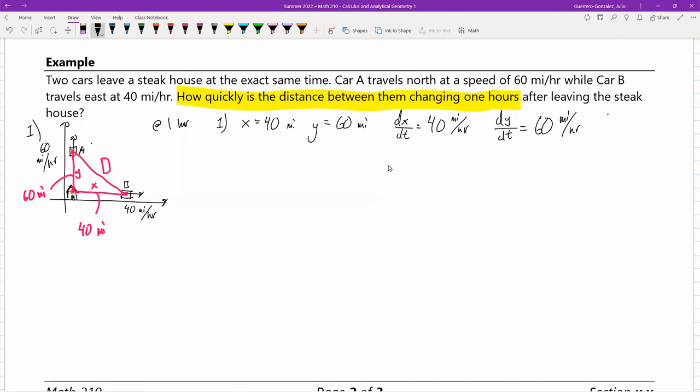We are looking for big D over dt, the change in big D, the change in the distance with respect to time.